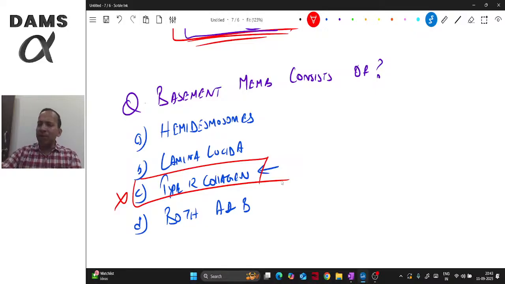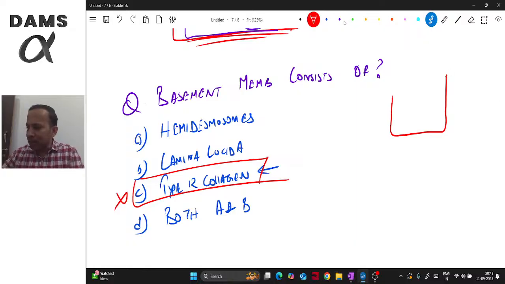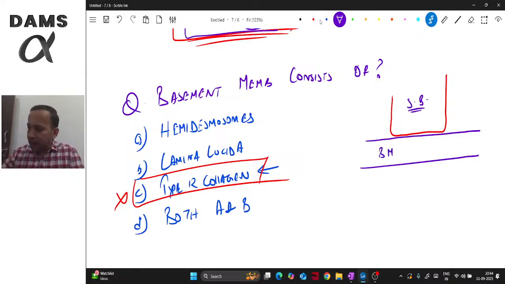Now let me tell you what hemidesmosomes are before you answer. Let's say this is the basal cell, the stratum basale. Let's say this is the basement membrane, and the attachment of the basement membrane to this basal cell is via hemidesmosomes.